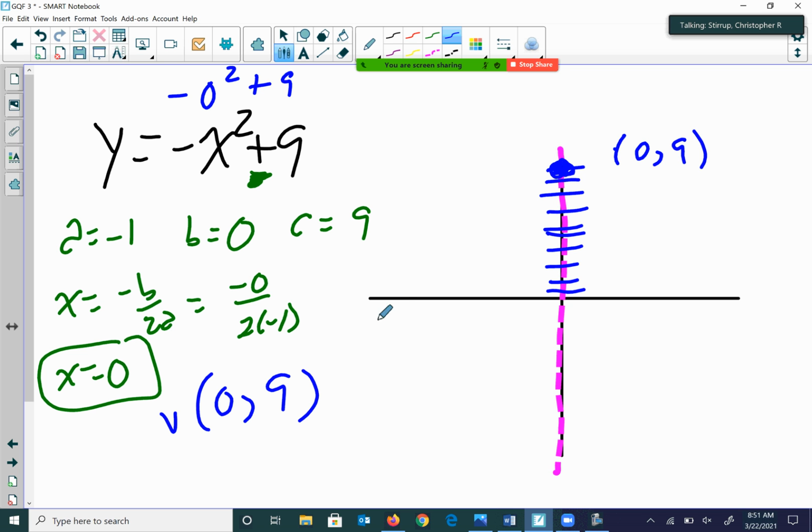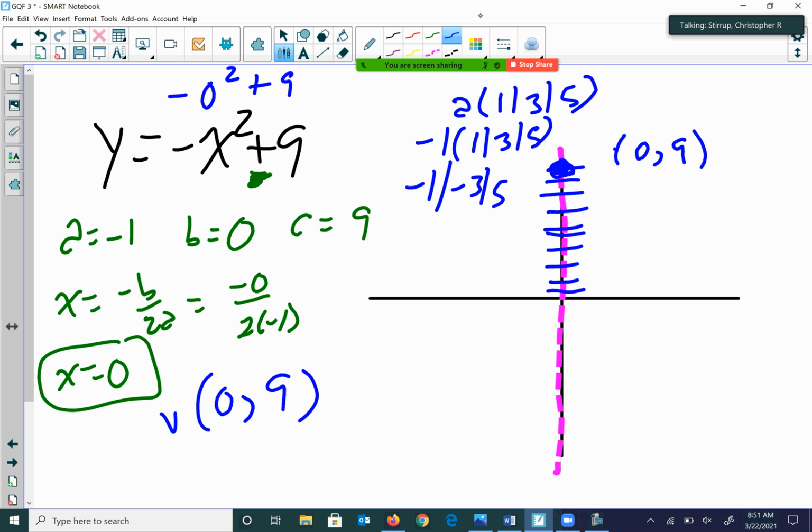All right, my pattern graph is going to be a times 1, 3, 5. My a value is negative 1. So I get negative 1 times 1, 3, 5. That means my parabola is going to open down. So negative 1, negative 3, negative 5. So I'm going to go right 1, down 1. So that takes me to 1 comma 8. Left 1, down 1. That takes me to negative 1 comma 8.